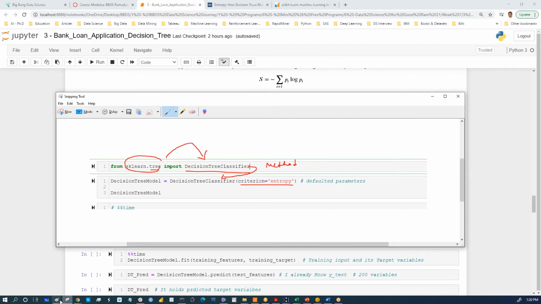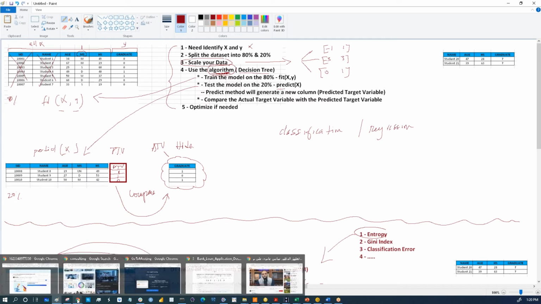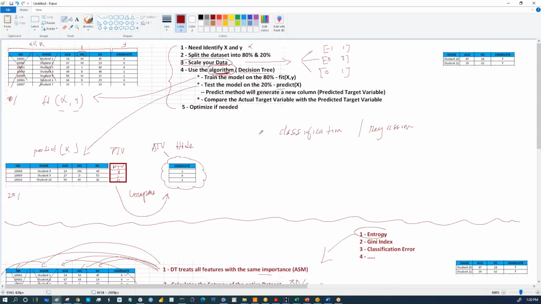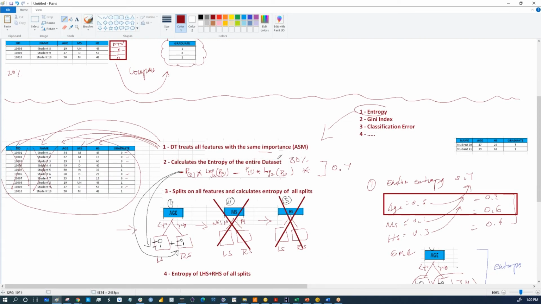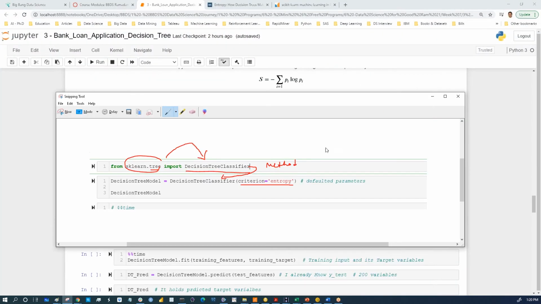In other words, you need to calculate the entropy of the entire 80%, split and calculate the entropy of the splits, subtract that from the original entropy, pick the best splitter, and continue until the end. This is all you are telling it. So it does this behind the scenes by simply getting it to use the entropy.